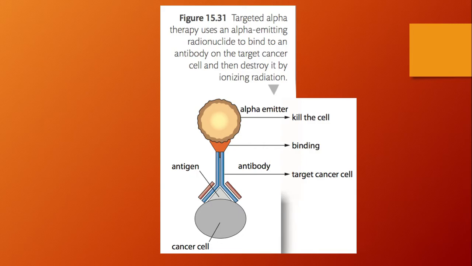The alpha emitter, whatever the chemical or element that is radioactive, such as lead-212, is directly attached to the antibody. And then once it is attached to the antibody, the antibody can attach to the cancer cell and destroy it using its ionizing radiation, those alpha particles.